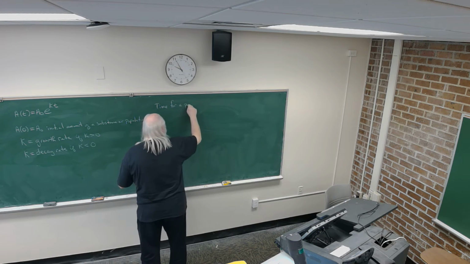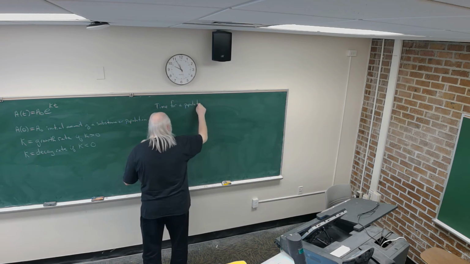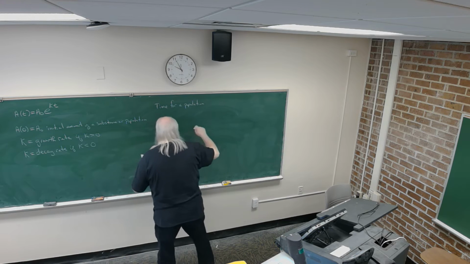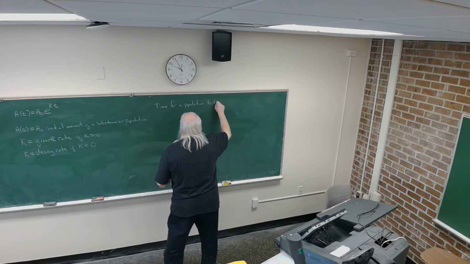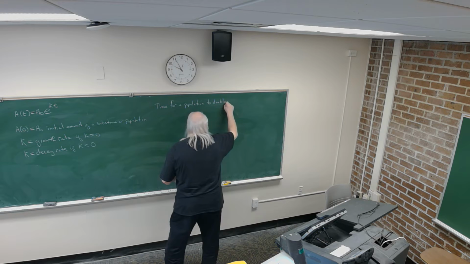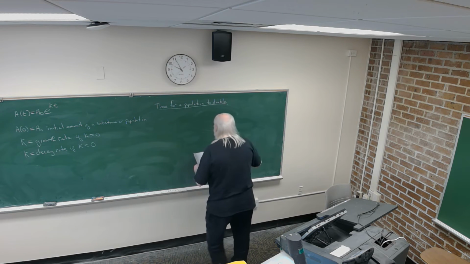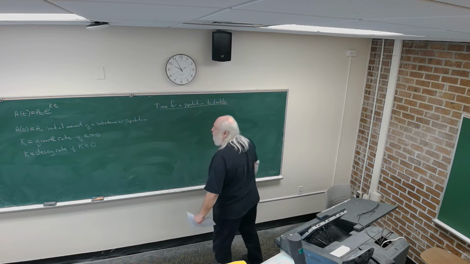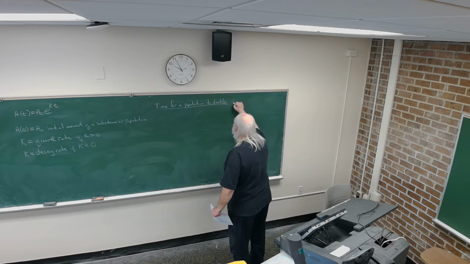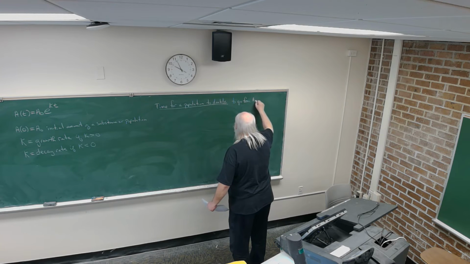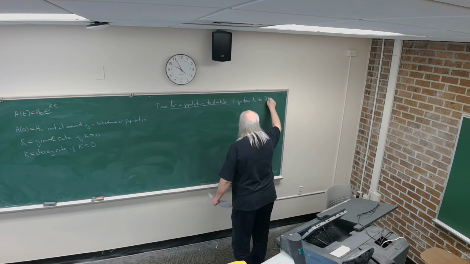We are interested at times in the time for a population to double in size. So if A sub 0 is our initial amount, we're interested in the time for a population to go from the initial amount, A0, to twice that amount.